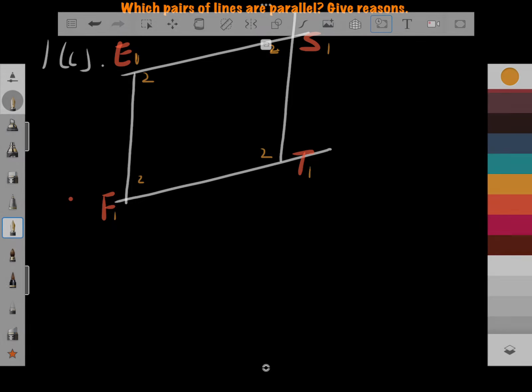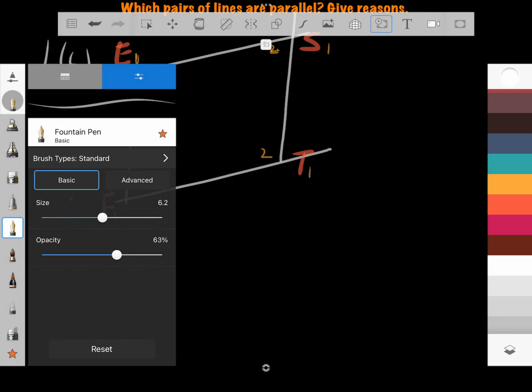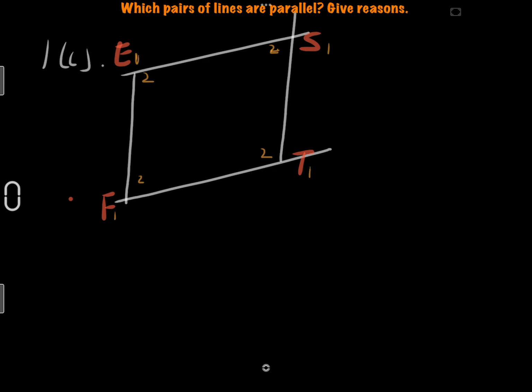Now, we are also given the actual values. I need to indicate the values now. Actual values that are given are 61 degrees, we're given a 119 degree angle, we're given a 121 degree angle there.